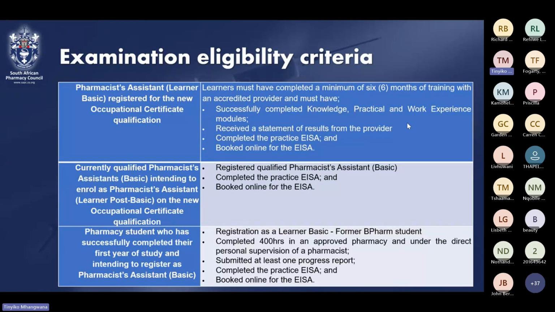Then the pharmacy should complete the progress report for them when they have fulfilled the requirements stipulated on the progress reports. So those reports must be filled. Then the same thing applies for them to complete the EISA exam: book for the exam. So those are the categories of people who can write this EISA.